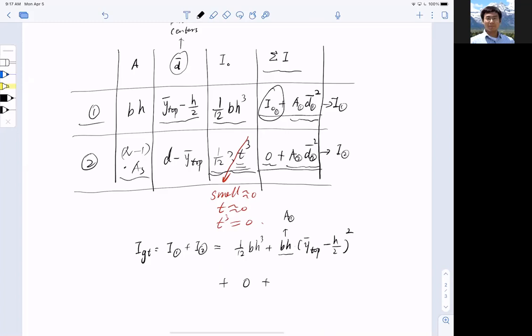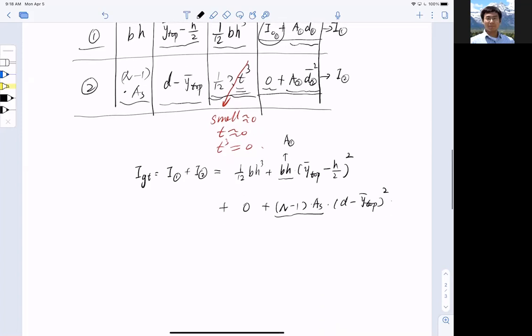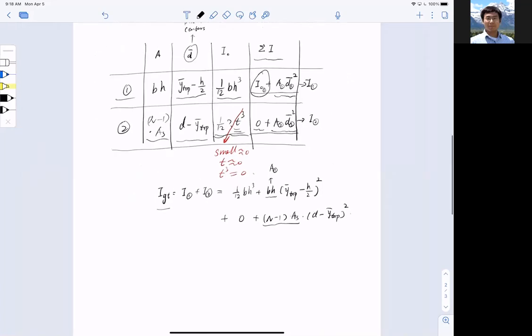A2 is n minus 1 times As, and the distance D2 is d minus y top, squared. All right, so that is the IGT for the uncracked elastic section.